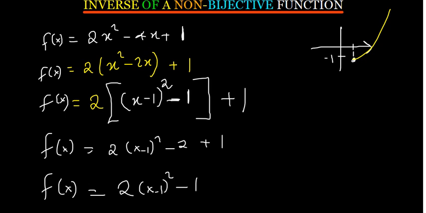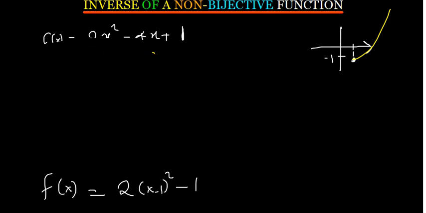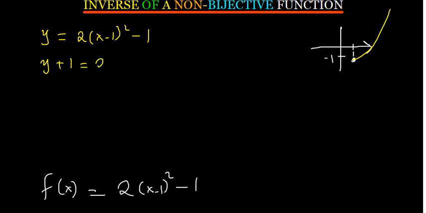So I can now find the inverse of the function. Always use the one which has been completed to squares. I'll make it equal to y. So y is going to be equal to 2(x minus 1) squared, sorry, minus 1. I'll take the 1 to the other side, so that will be y plus 1 is equal to 2(x minus 1) squared.